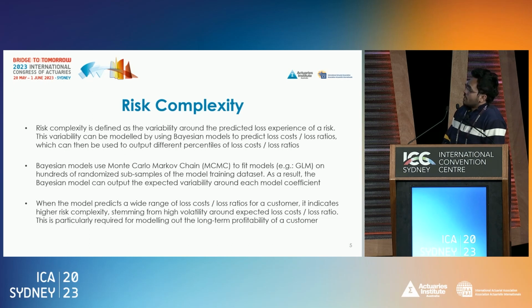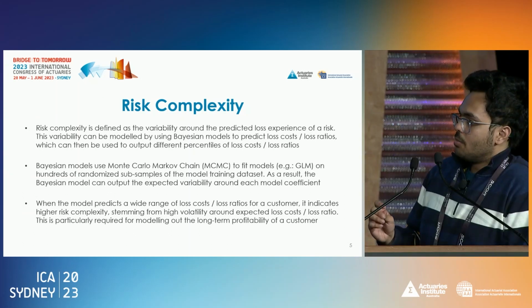It can be modeled using Bayesian models, which are still relatively new in the actuarial world, but Bayesian models typically use Monte Carlo Markov chain techniques to fit models to hundreds and thousands of randomized subsamples of the data. And as a result, instead of getting just a mean set of coefficients or mean predicted outputs, you can actually predict the range of outputs from the same model.